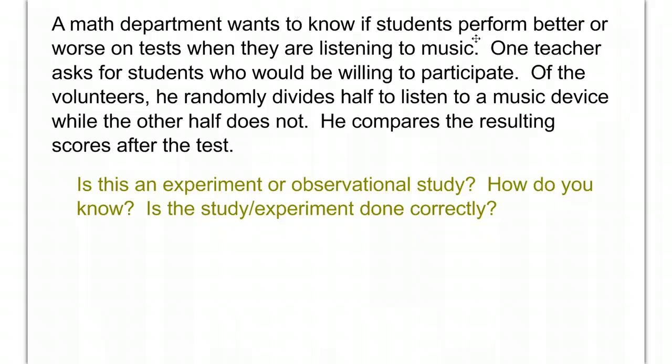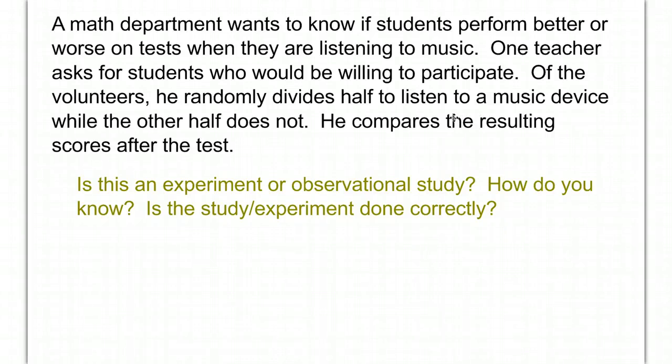Math department wants to know if students perform better or worse on tests when they are listening to music. One teacher asked for students who would be willing to participate. Of the volunteers, he randomly divides half to listen to a music device while the other half does not. He compares the resulting scores after the test. So to clarify this, there is some sort of study. The teacher wants to see how students perform differently based on listening to music or not during a test.